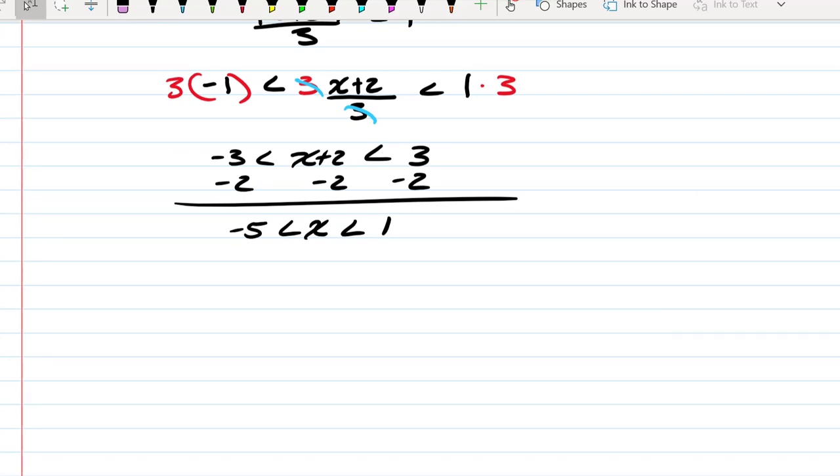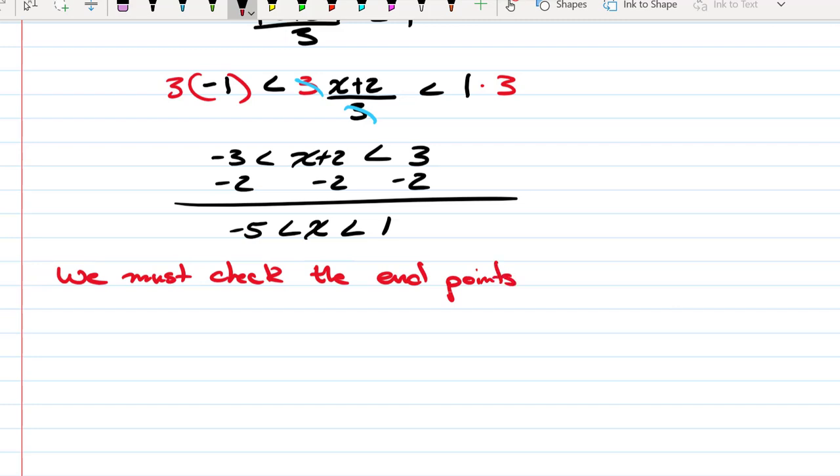when x is between negative 5 and 1. Something we haven't addressed so far is we must check the endpoints separately. And why is it that we have to do that?